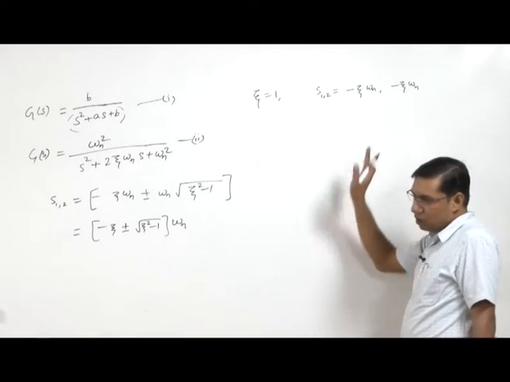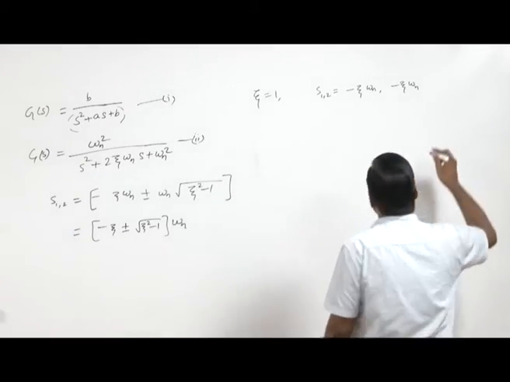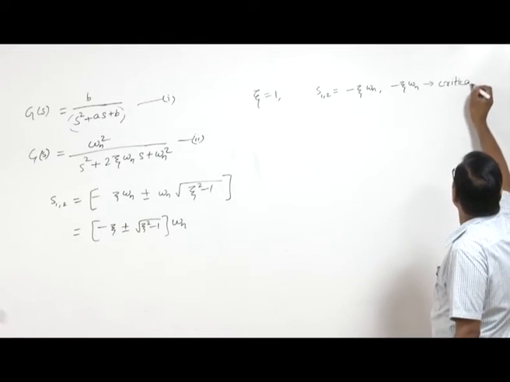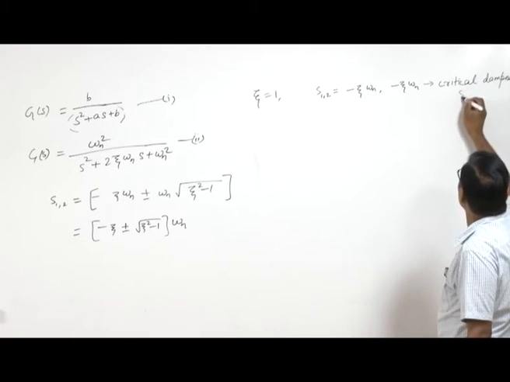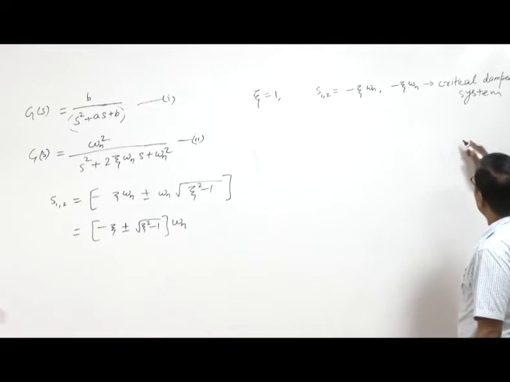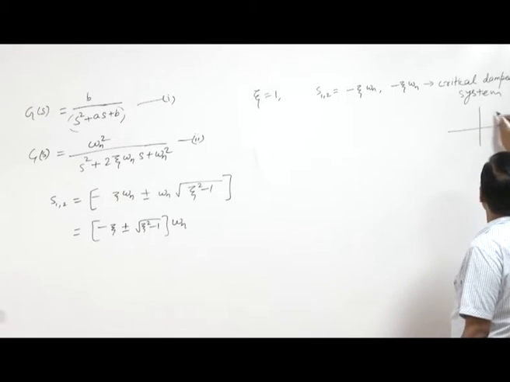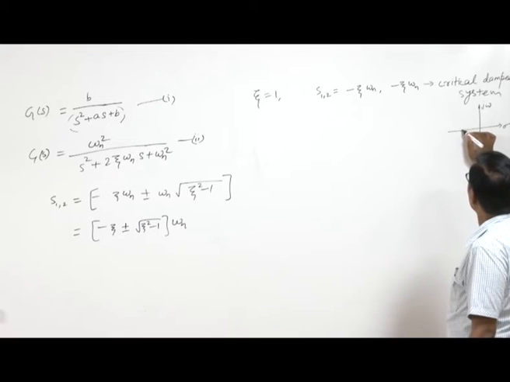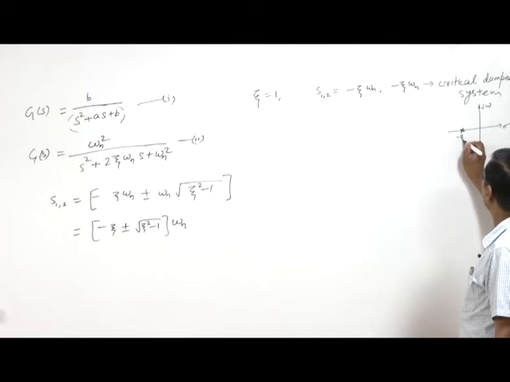So the roots are equal and real. So this system is called critically damped system. When we want to present the roots of this system, these roots are on the real axis and the same, here minus zeta omega n.